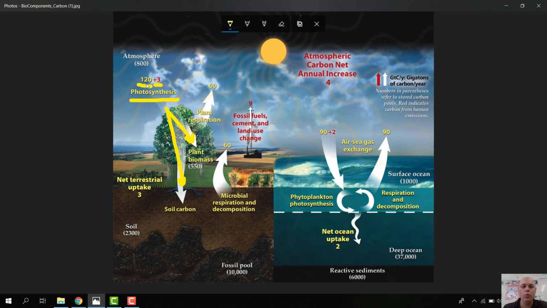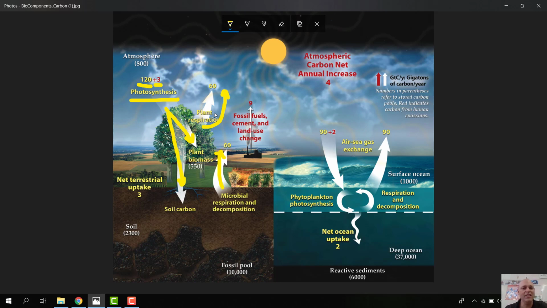So the 120. Now, plants also give off carbon dioxide in respiration, just like animals and humans do. And that is going to be 60. Plus, microbes in the ground also go through respiration, and they're going to give off 60. Now, what you notice is 120 going in and 60 plus 60, which is 120, going out.